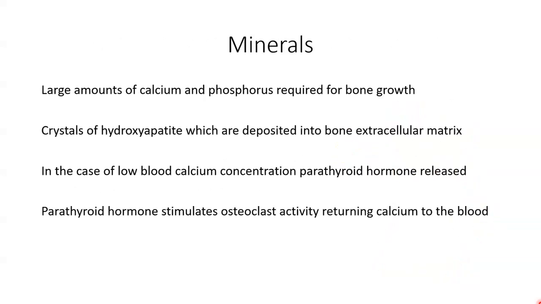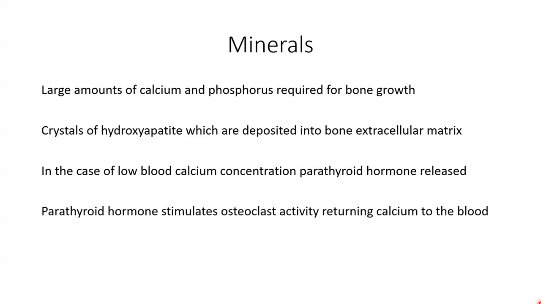So large amounts of calcium and phosphorus are needed while bones are growing and remodeling, alongside smaller amounts of magnesium, fluoride, and manganese. These minerals are deposited into the extracellular matrix to calcify or harden bone tissue. When the concentration of these minerals in the blood is adequate, the minerals combine to form the crystals of hydroxyapatite, which are then deposited into the network of collagen fibers.